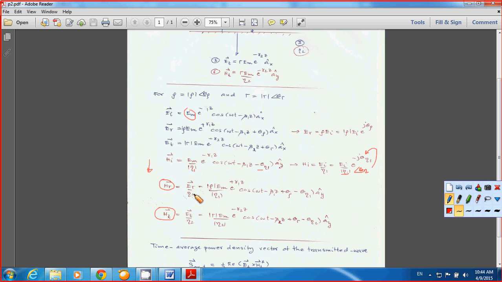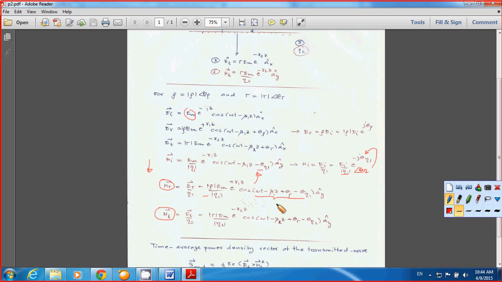So HR is equal to ER over eta 1, still in medium number 1, and ER is equal to the magnitude of the reflection coefficient multiplied by EM, and you divide by the magnitude of eta 1, and this one multiplied by exponential positive gamma 1 z, because the reflected electromagnetic wave is moving in the negative z direction.